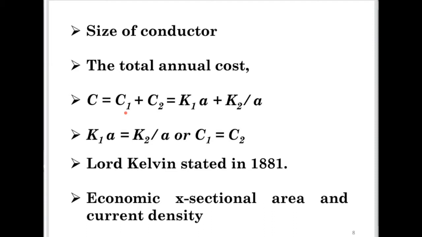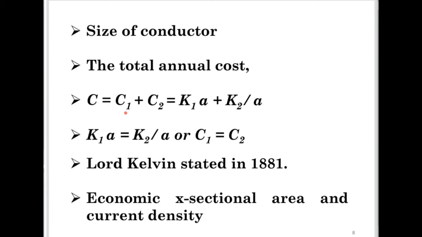So if we choose a larger cross-sectional area of the conductor, what will happen to the resistance? If we choose a larger cross-sectional area of given resistivity and given length, what will happen to its resistance R? It will decrease.